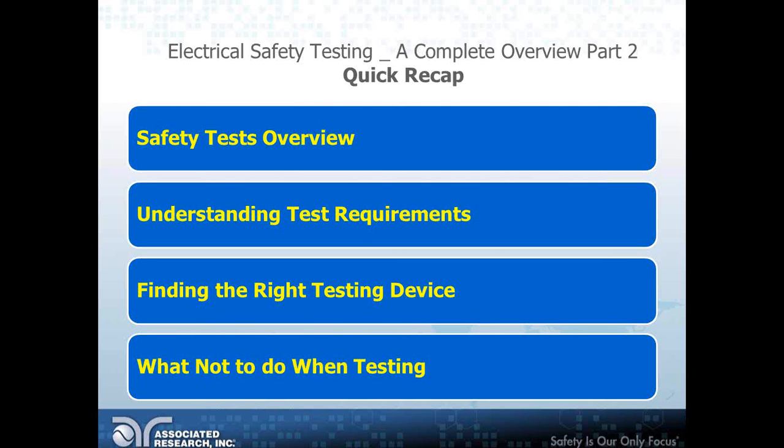Then we gave you some tips and suggestions on finding the right testing device for your particular testing needs. And then we gave out some tips and suggestions on things that you're not supposed to do during electrical safety testing, some safety tips and some important information to better assist you with your testing. So here was the recap, and once again, this is the third webinar in our 2014 series of webinars, and this one is on electrical safety tester verification.